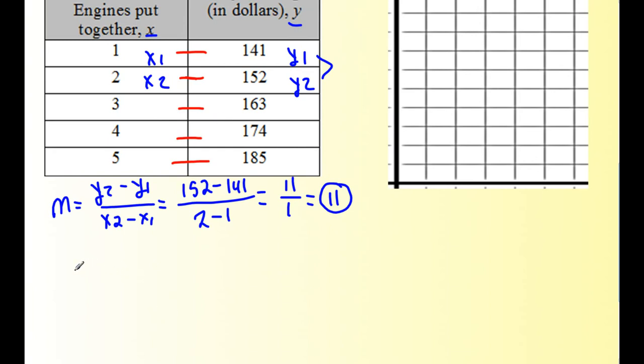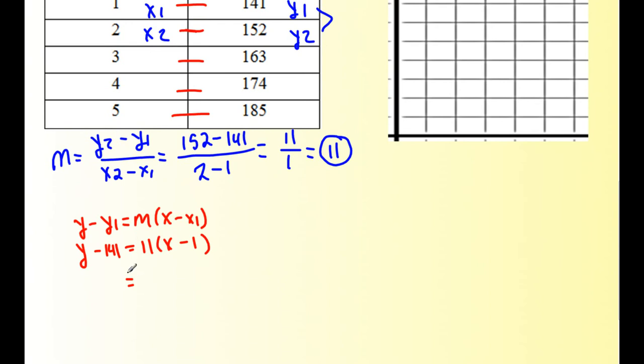So let's do that. We've got y minus y1 equals m times x minus x1. That is the formula for point-slope form. Slope is 11. And let's just use, we already have this labeled as x1, y1. So y1 is 141, x1 is 1.